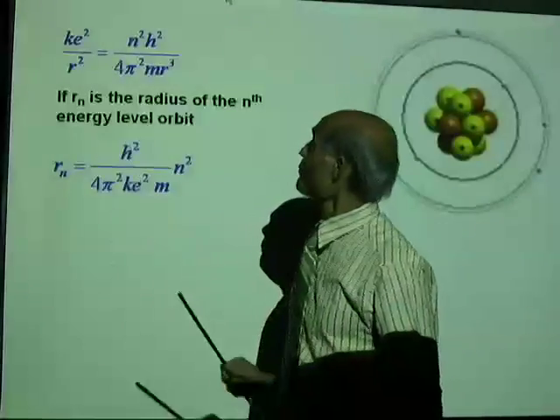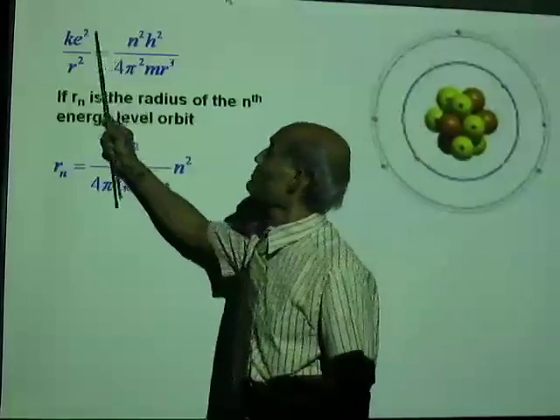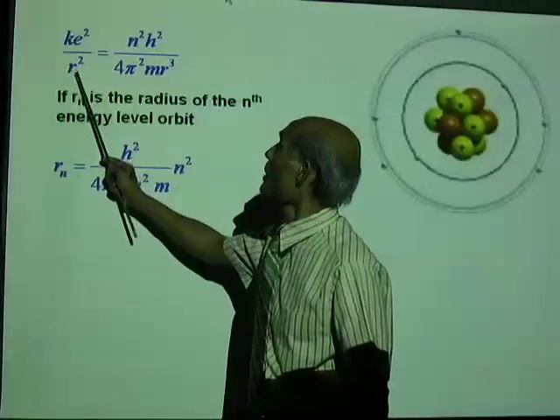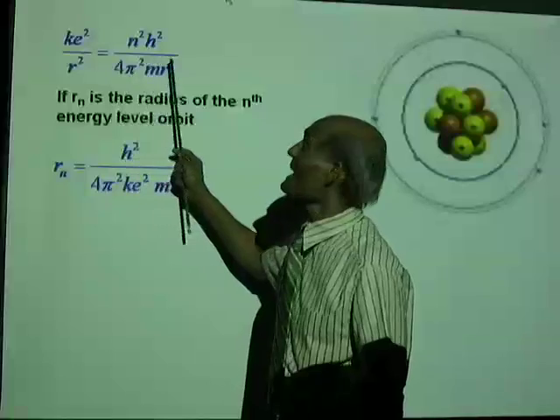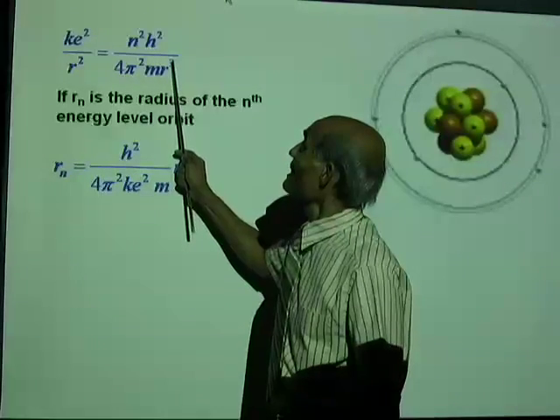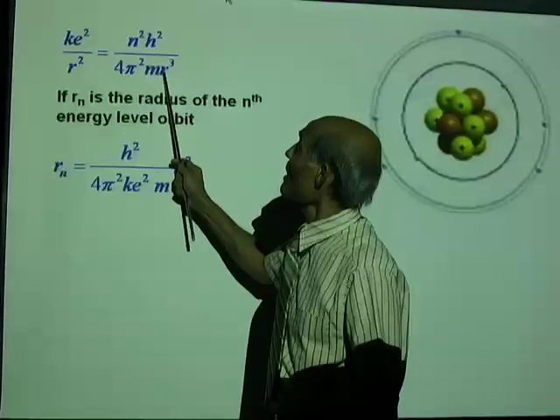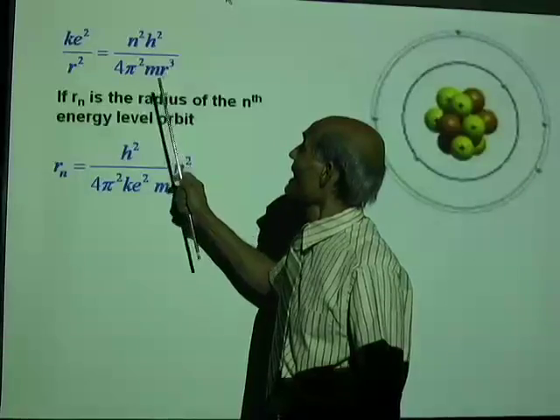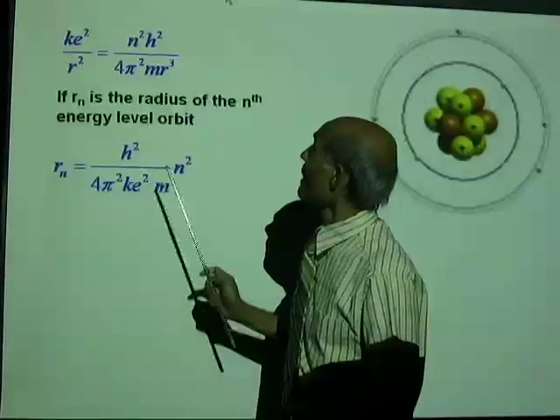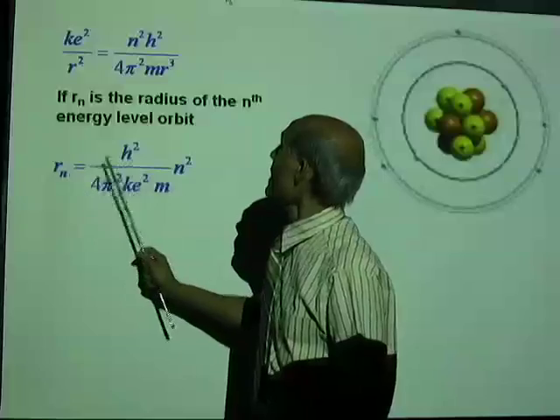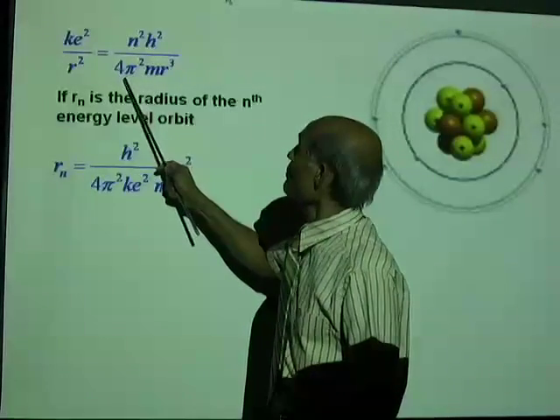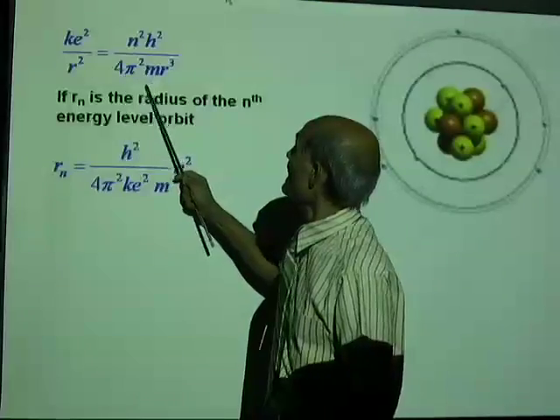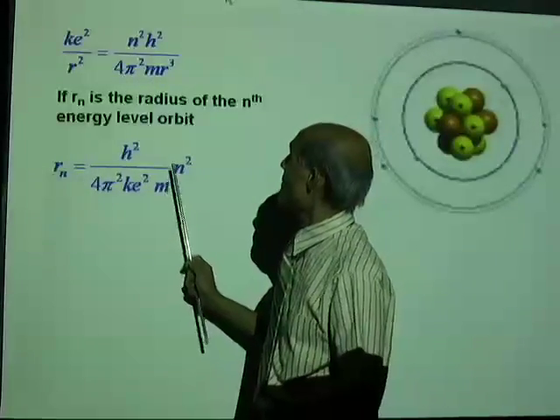Then, if you solve for that r sub n, can you do that from here? Solve for r. Well, you can see r squared on the left will cancel with r squared on the right, leaving an r there. And if you solve for that r, it will give you r equal to n squared h squared over 4 pi squared k e squared m.